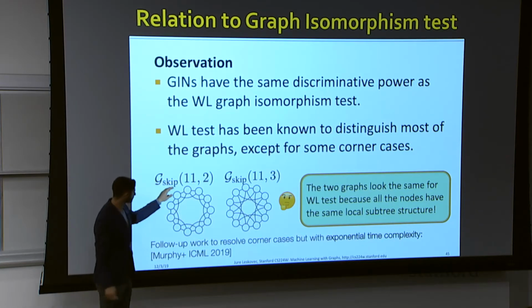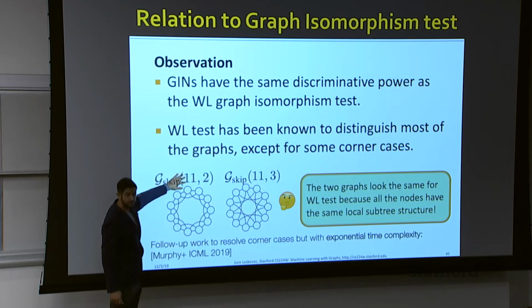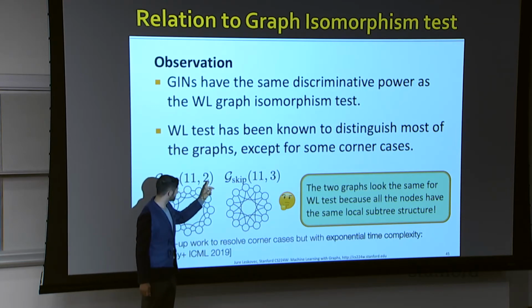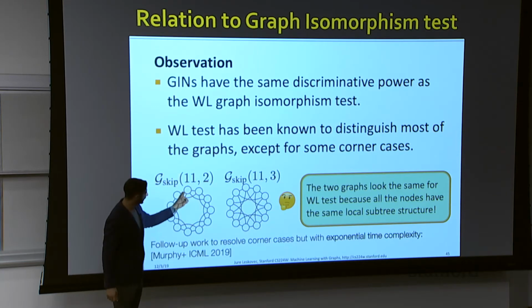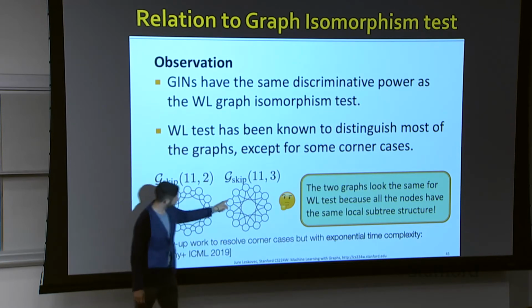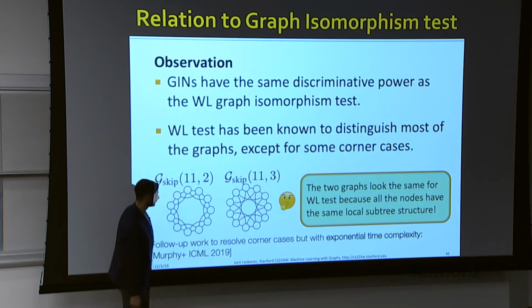So for a G-skip graph, the notation is the following: the first argument tells you the number of nodes in our graph, and the second argument is how many nodes you have to skip to have this skip connection in this chain graph. So you build this circle, each node is connected to its neighbor, and then you also have a skip connection that goes 2 nodes away, or in this case, 3 nodes away, and so forth.